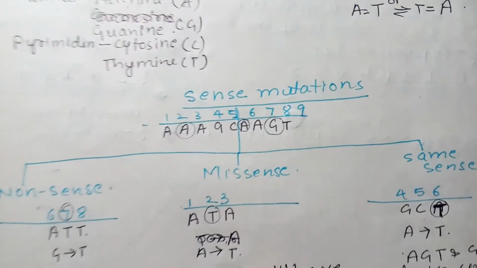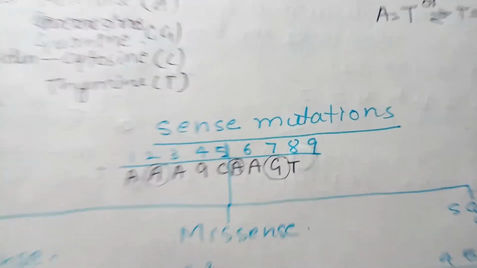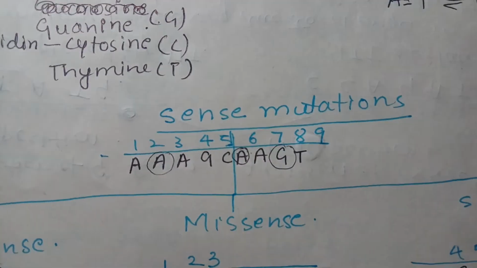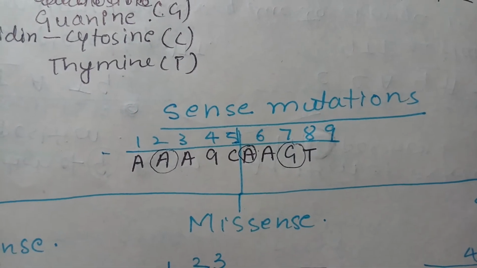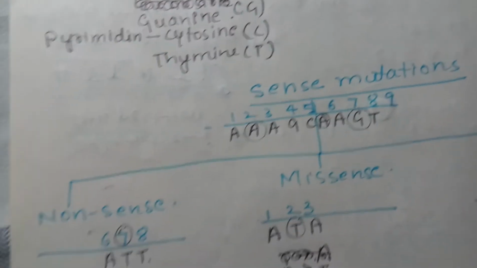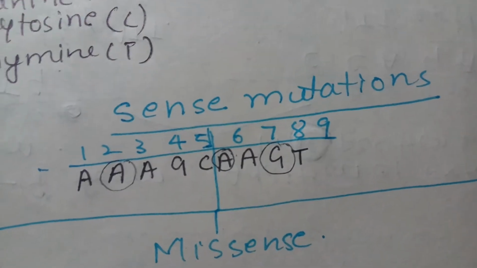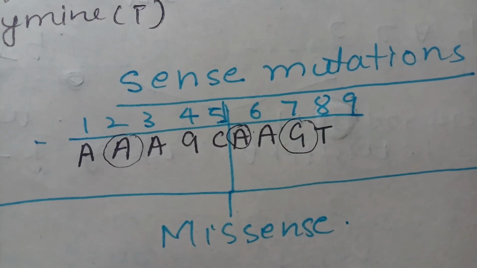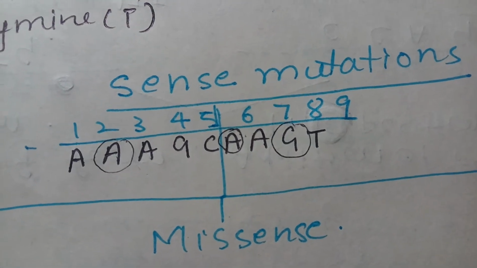Now nonsense mutation. Again you consider a gene sequence over here, AAA, GCA, AGT. So what happens in the nonsense mutation? Let's consider positions 6, 7 and 8, AGT.